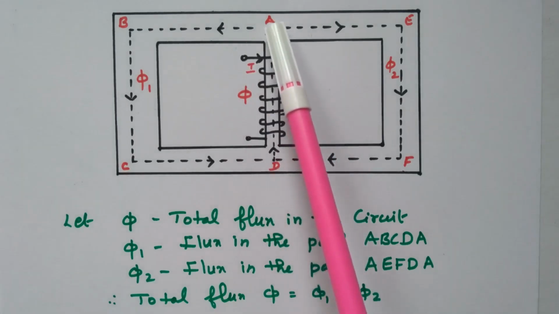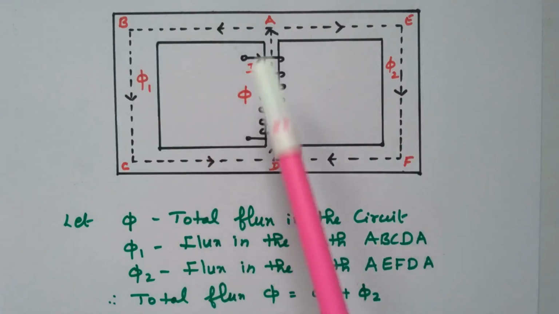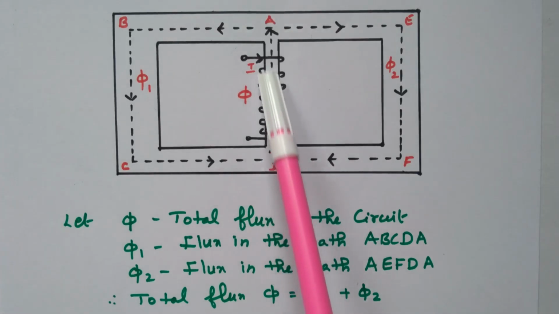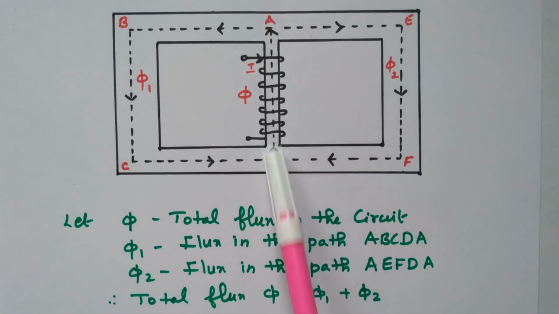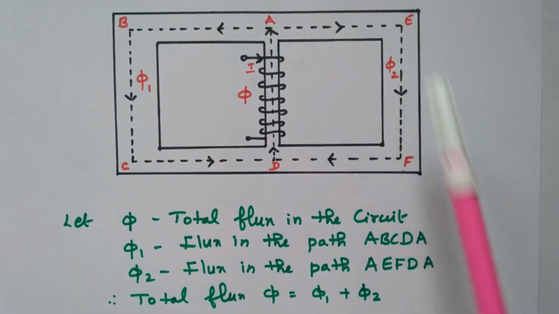The other parts are named A, B, C, D, E and F. In the part AD, the common part, the exciting coil is available and the total flux is available in this section. At this point the flux is diverted.